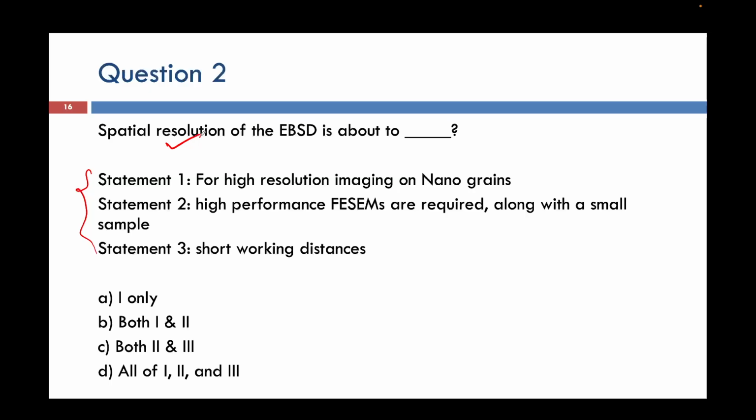Statement 1 says that for high resolution imaging on nanograins, high performance FESEMs are required along with a small sample and short working distance. Can anyone answer?